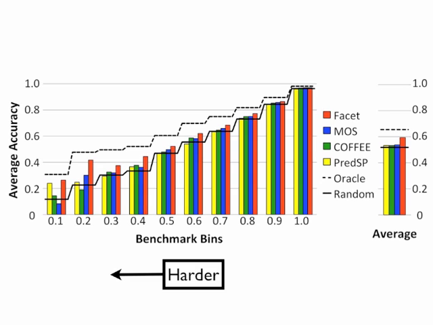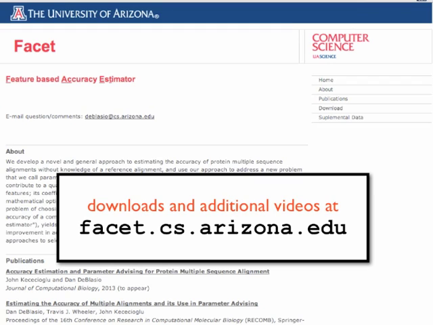Using Facet as an advisor, the average alignment accuracy for the chosen alignments is shown as the red bar for each bin, and several other alignment estimators are shown in other colors. The solid line shows the performance of an estimator that chooses an alignment at random from the set of candidates. The oracle is an advisor that always returns the true accuracy, and provides an upper bound for how any estimator can perform.